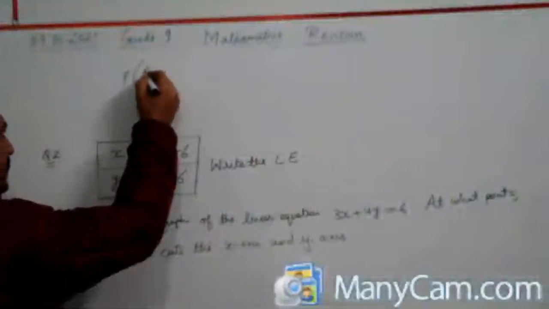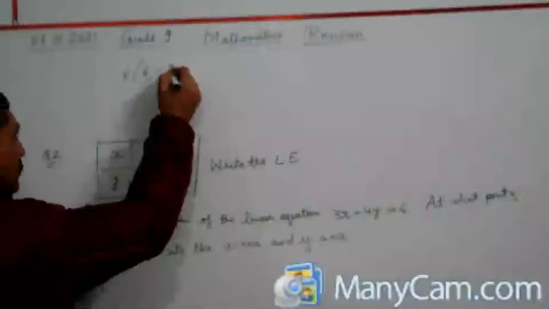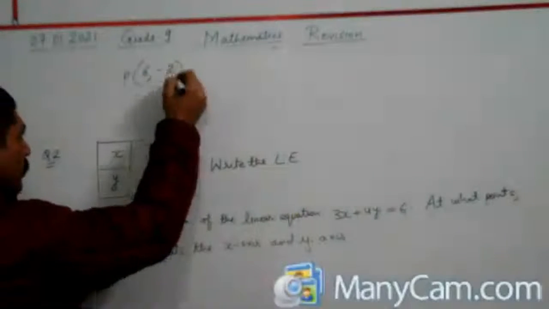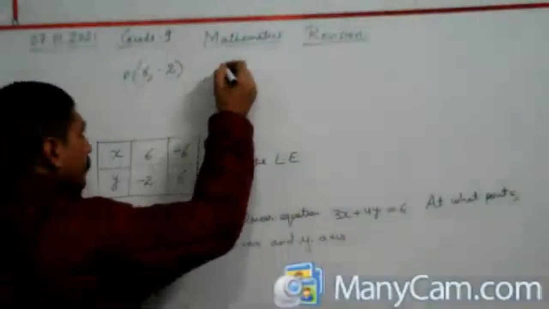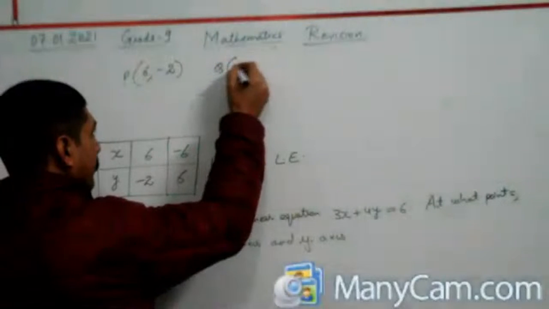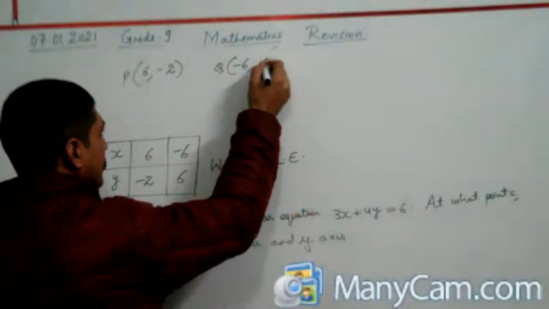If we have a line, one point is x is 6, y is minus 2, and one more point, point Q, is minus 6 and 6.